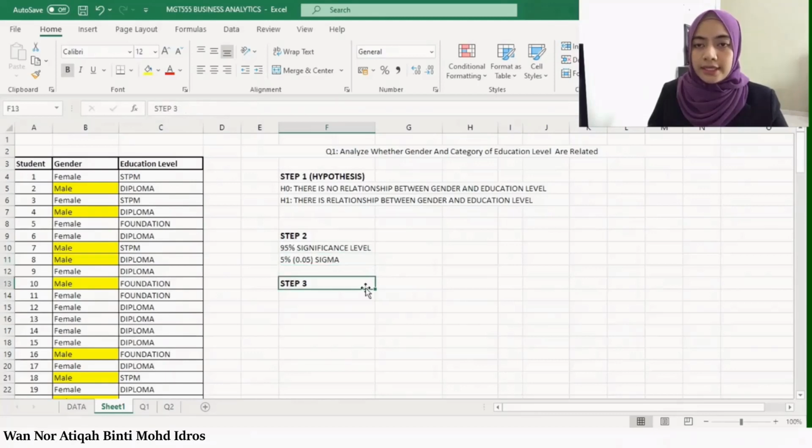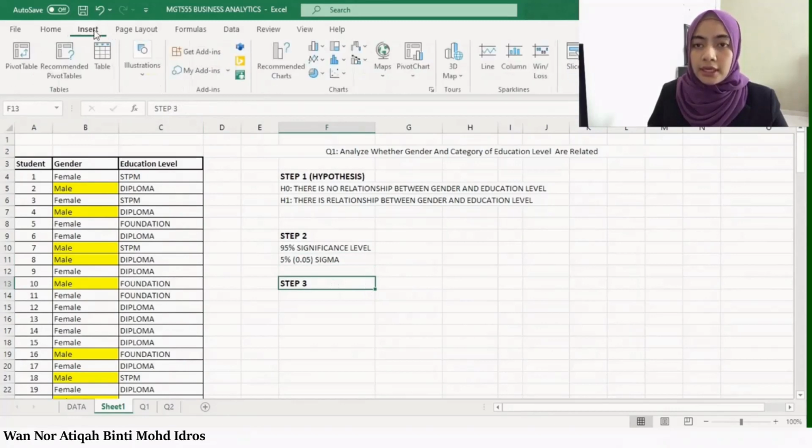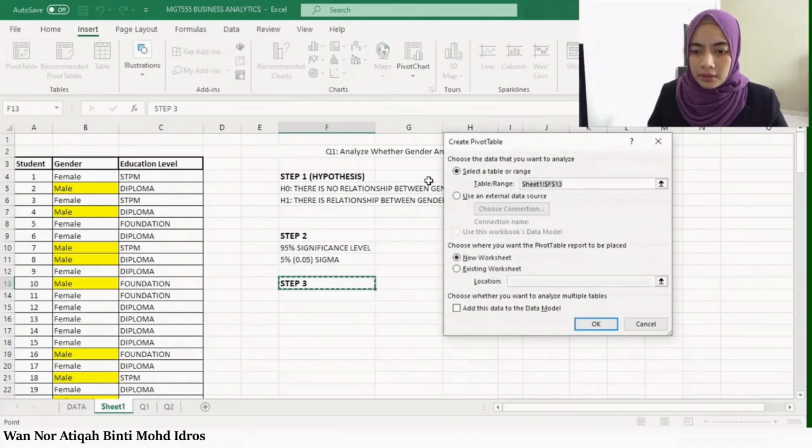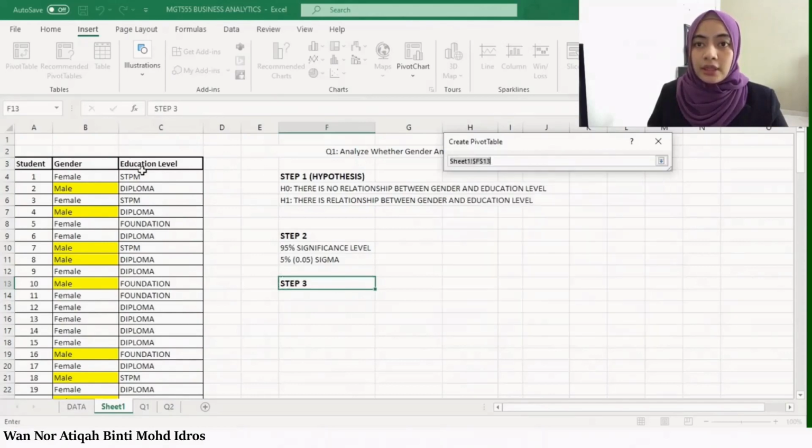Step 3 is analysis. What we need to do is go to Excel feature, click Insert, choose Pivot Table. After that, choose the data that we want to analyze. Select a range from the data, which is gender and education level.